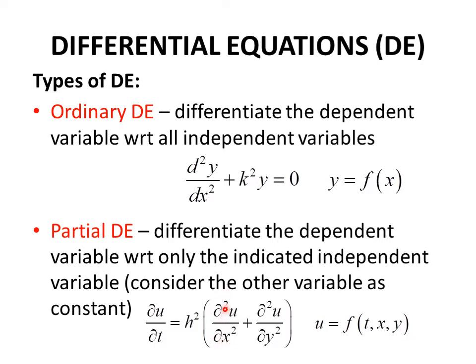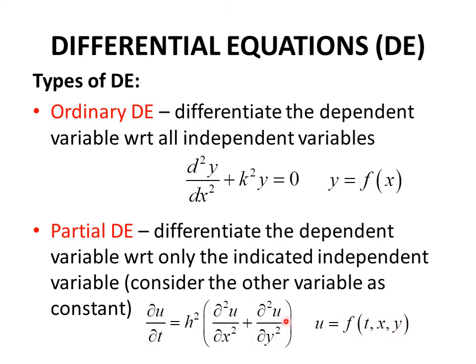How about this one? This is a second partial derivative, because we are using delta, and this is the second derivative of u with respect to x only. So to differentiate u, we have to differentiate only the factor that involves x, and we have to consider t and y as constants.